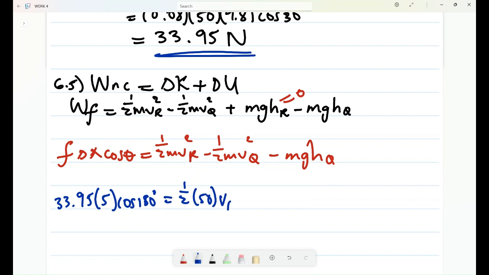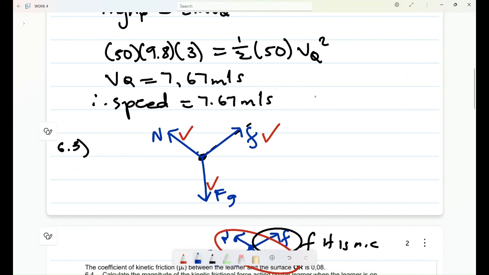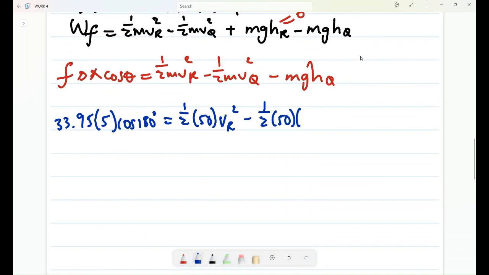Remember, I'm looking at the velocity. I want the velocity at R. Minus half my mass 50, velocity at Q is what we calculated as 7.67. So let's substitute 7.67 squared, minus my mass 50, gravitational acceleration 9.8.